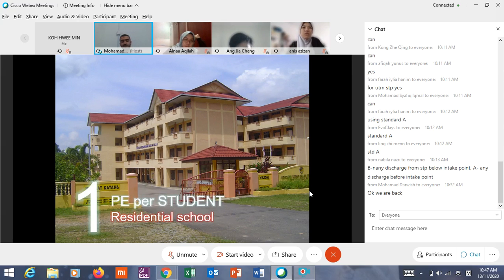Because in the residential school, the students spend the whole day in the school, so they are using water the whole day. But for the day school, they spend only 5 or 6 hours at school. They might use water, and after that there is no water usage. It depends on the number of students. The more students, the more water usage. So it makes sense we use the number of students.